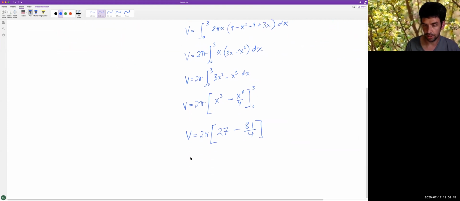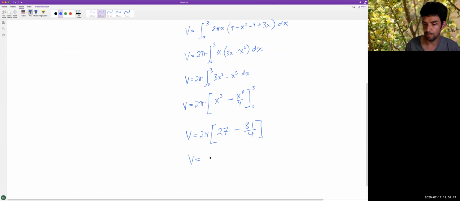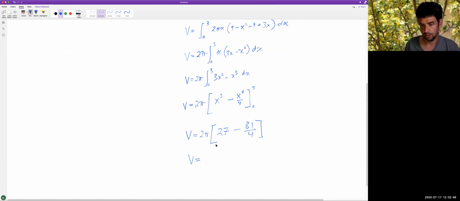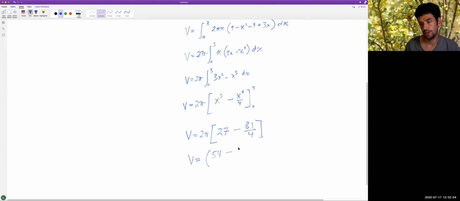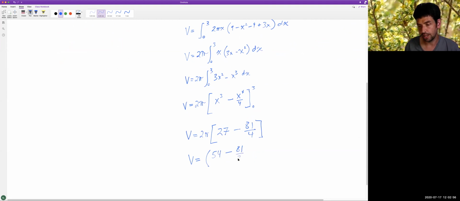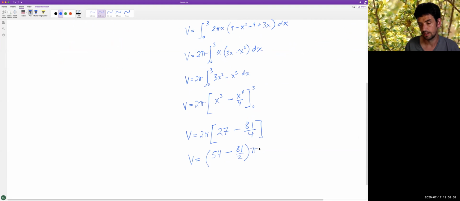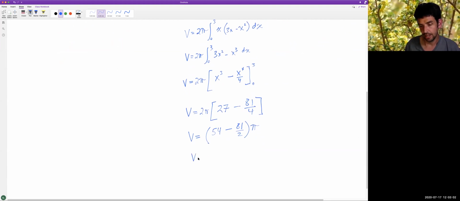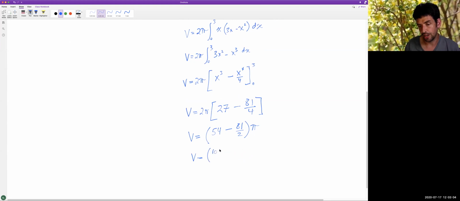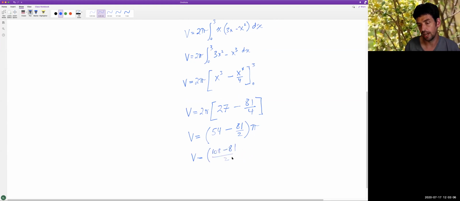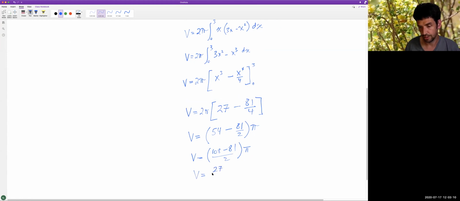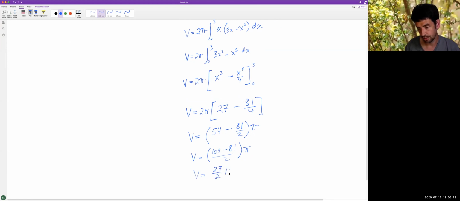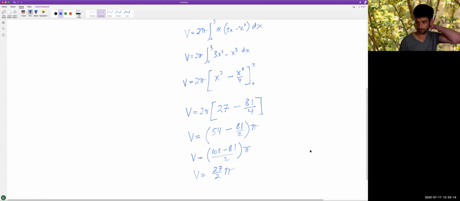Let's multiply through by the 2. Let's see what we get. We'll have 54 minus 81 halves times pi. I'll just move the pi to the back. So that's 108 minus 81 halves pi, or 27 halves pi.